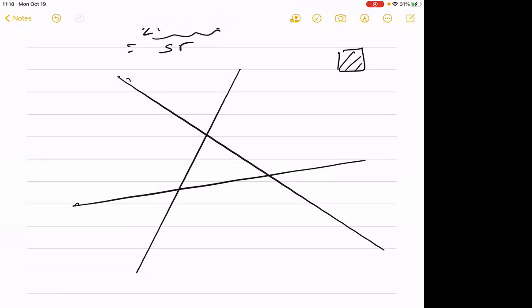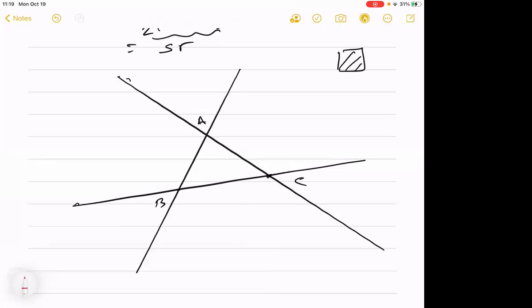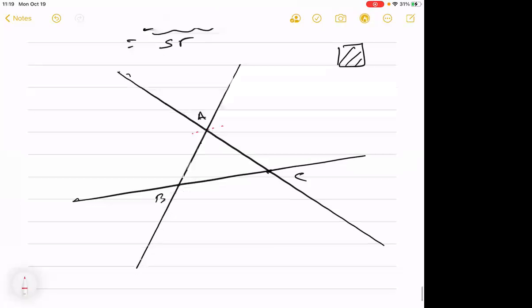So this is A, that is the point B, and that's the point C. We have this triangle ABC, and we extended those lines. Let me also change colors. Now if we divide this angle into 2 pieces like this, I mean, if you look at the angle bisector of this side, the other angle.